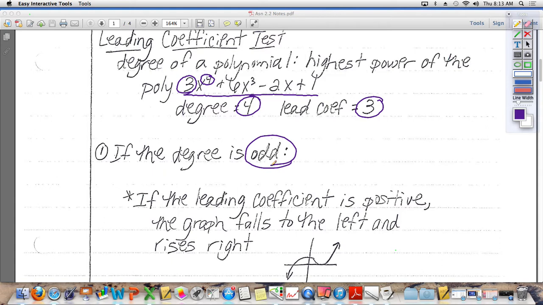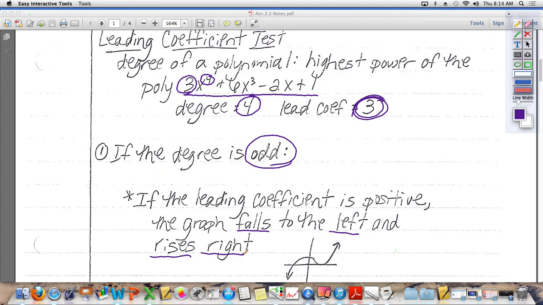If the lead coefficient is positive, in this case the lead coefficient was a positive 3, the graph will fall to the left and it will rise to the right. It will fall left and rise right. This is how I remember it: odd powers head in different directions. One end heads left, one end heads right.